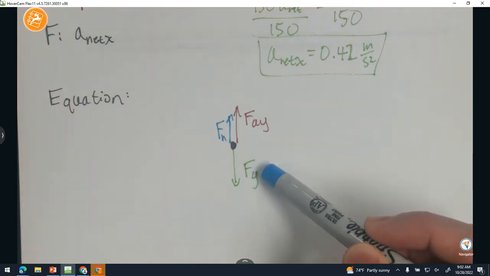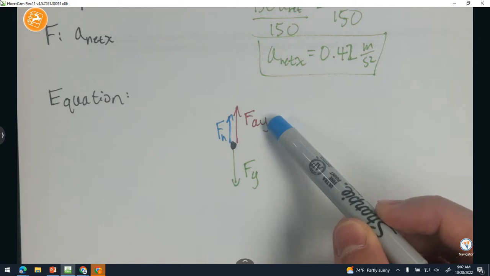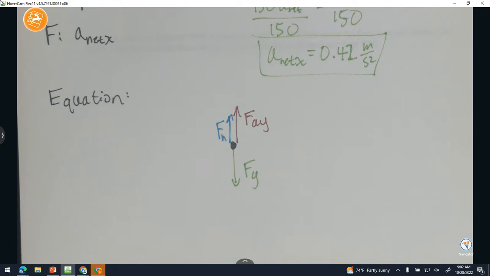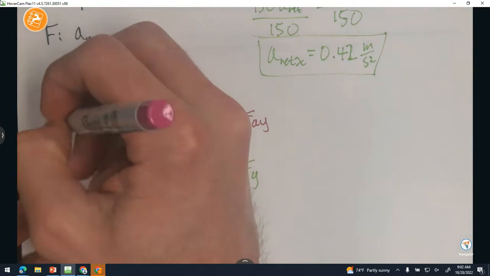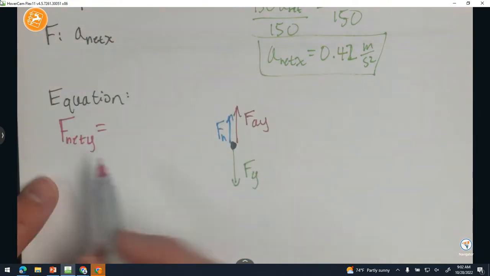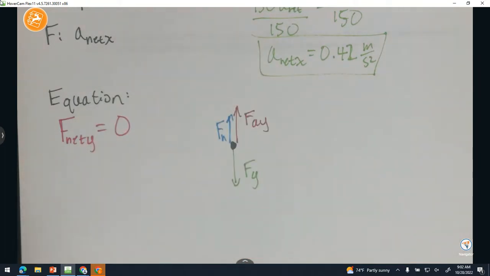But we can solve for the weight of the moose because we have the mass, and we solved for FAY earlier, the component, so we should be able to solve for force normal. Also, we want to realize that the moose is not going up at all, so the F net in the y direction is 0.